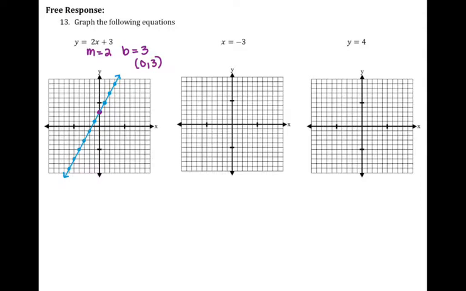If I look at my second equation, x equals -3, that means I'm going to cross my x-axis at -3. X equals a number is going to be a vertical line, which we wrote down at the very beginning of Unit 3's review, which I'm not going to go back to because it's too many slides. But x equals a number is going to be a vertical line, so I'll make a note.